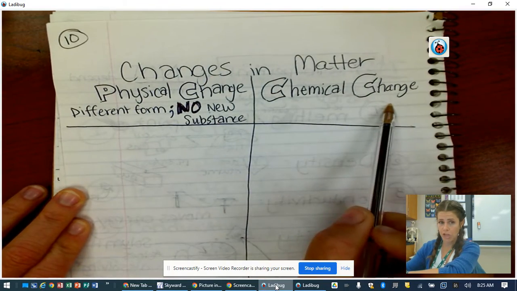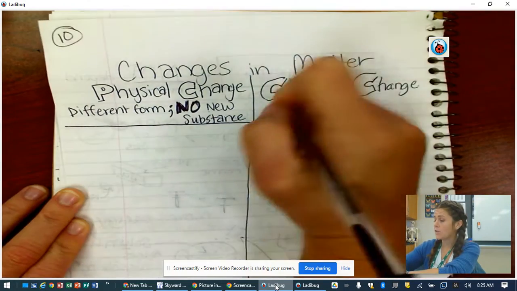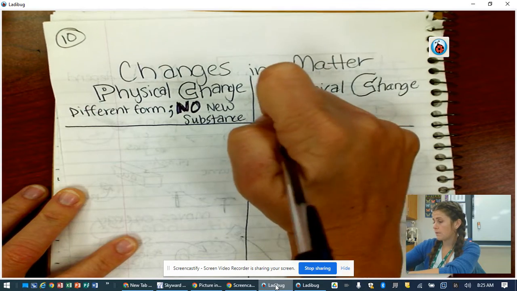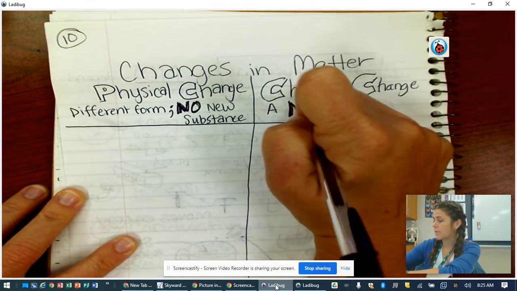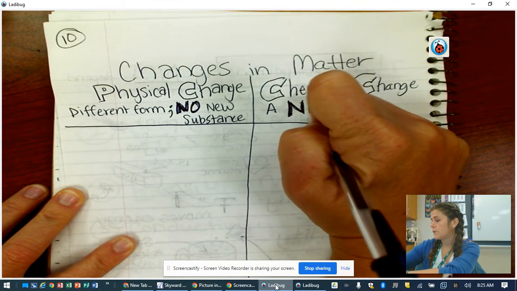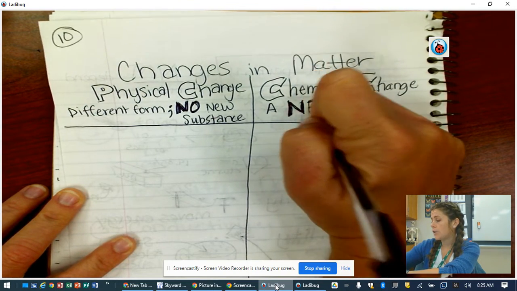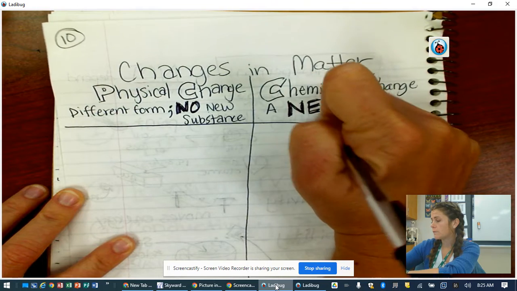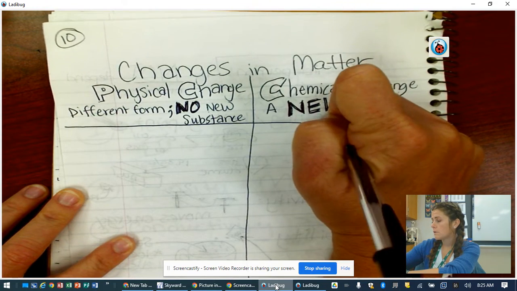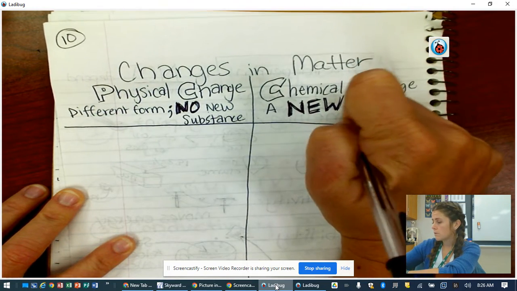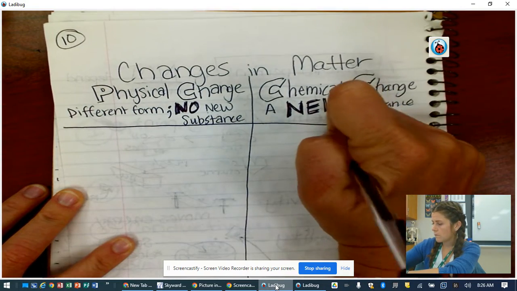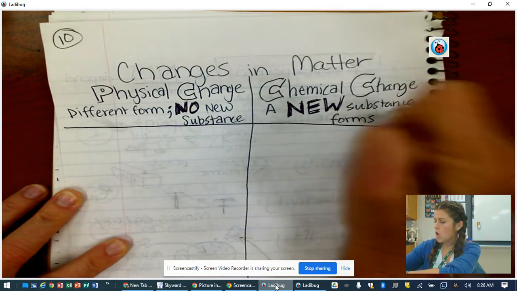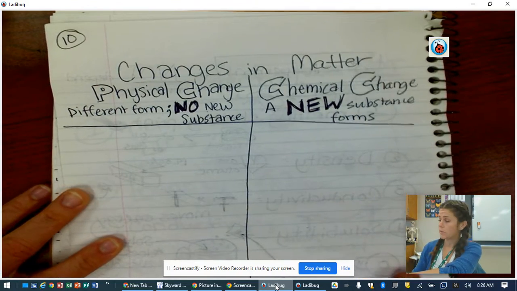In a chemical change, okay, we have a new substance form. So you're getting something completely different than the matter that you had before. So I'm going to underline new is the word we should think of. Forms.